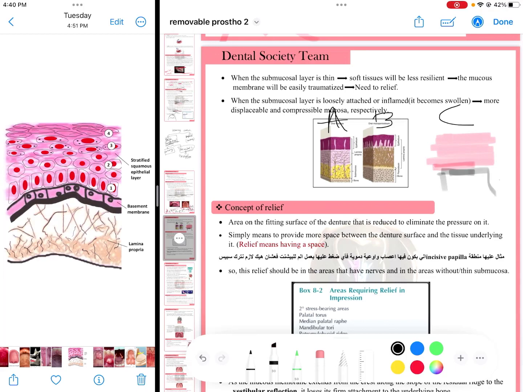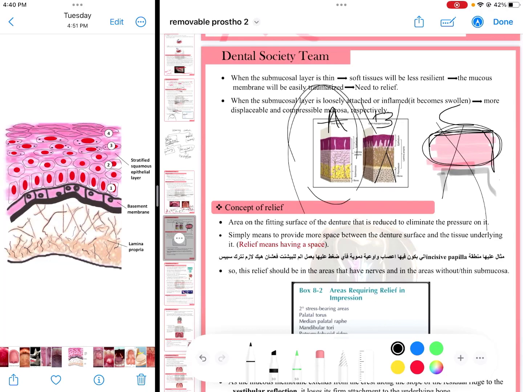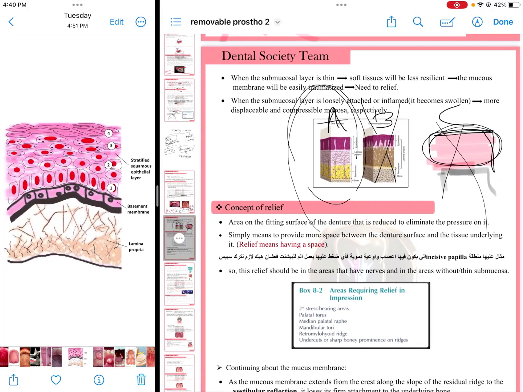Now in this situation, as we said before, in B, because there is no submucosa, it won't withstand the forces. In C, because the submucosa is too thick, it will be displaceable. You know what displaceable is? It means you can hold it and move it right and left. That is what displaceable means. So I also don't want it like this. I want it like this, thick. Okay?